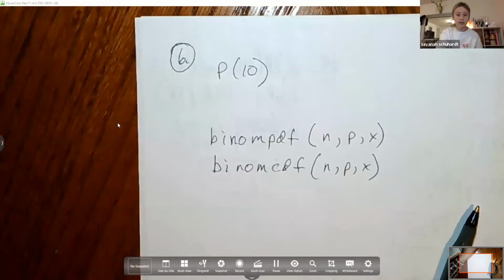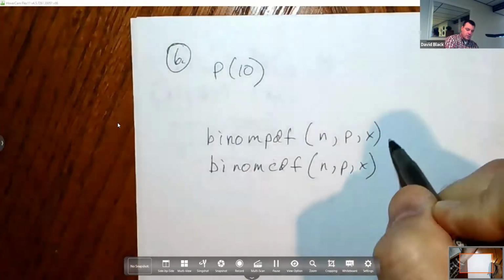It's like counting down, like 3, 2, 1 or 2, 1, 0. It's not just one exact number. Yeah, so CDF would be if we wanted 10 and 9 and 8 and 7 and 6 and 5 and 4 and 3 and 2 and 1. It'd be if we wanted all those added together. PDF is exactly a number, just like she said. So that's how you know the difference.